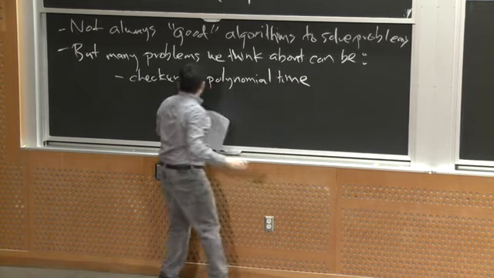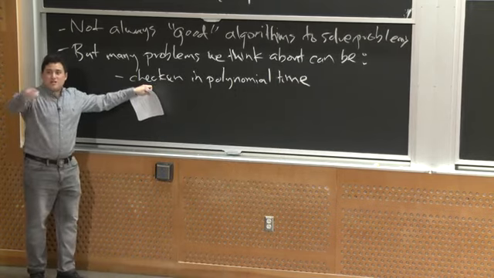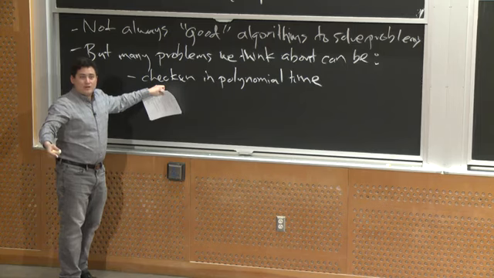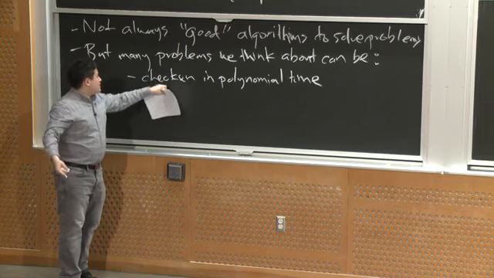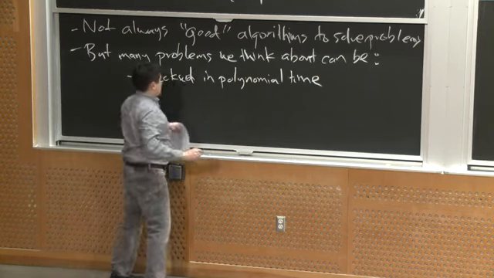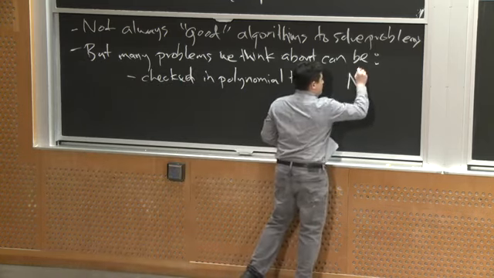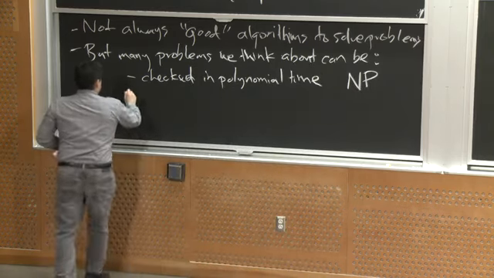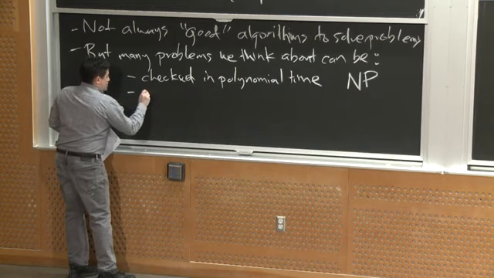This is the concept of having a certificate that I could give you of polynomial size that could be checked in polynomial time, right? This leads to our class of decision problems NP.